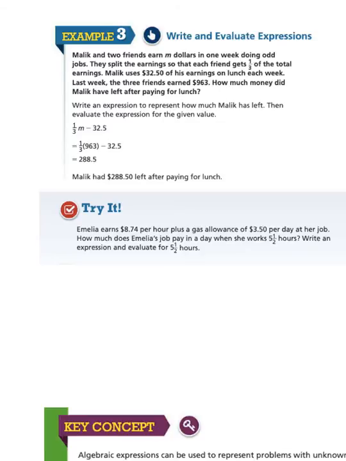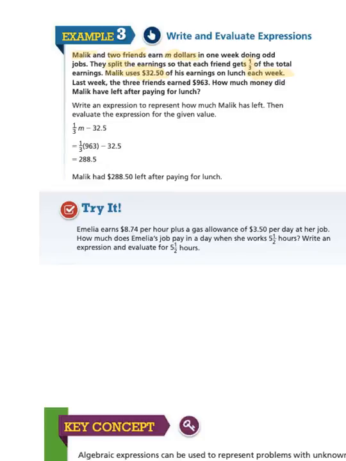So in this particular problem, the very first thing that you have to do is you have to figure out what we're talking about. So we have Malik and 2 friends. That's 3 friends total. Earn $M each week. They are going to split the earnings, so each friend gets 1/3. But Malik uses $32.50 each week on his lunch.